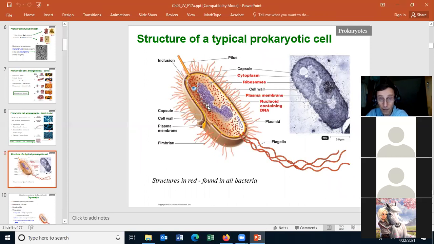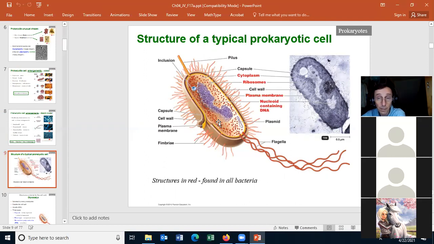It's a real large molecule, and so it takes up different characteristics of the dye. Usually it stains darker if you're only using one dye. This one it looks like we're using two dyes, and the nucleoid region is taking on a bluish color, and the cytoplasm is taking on a pinkish or reddish color.